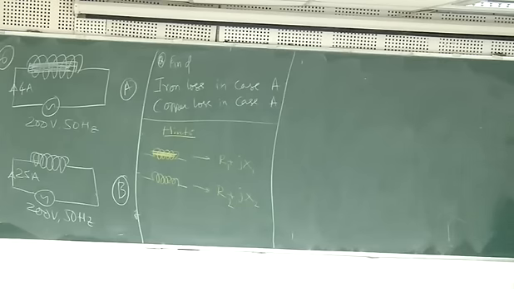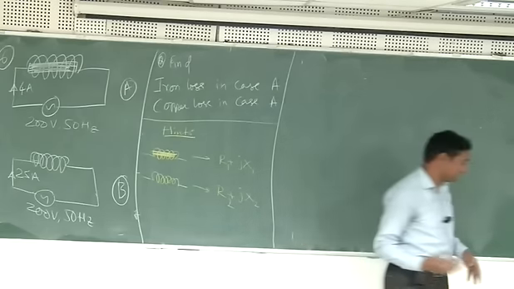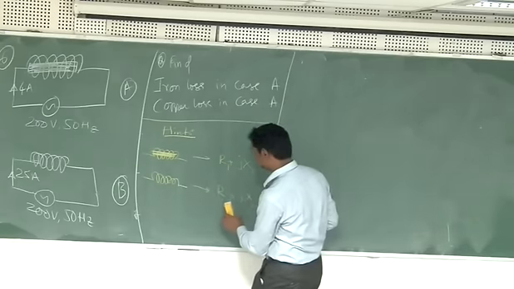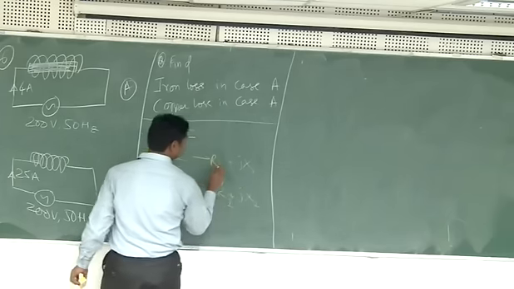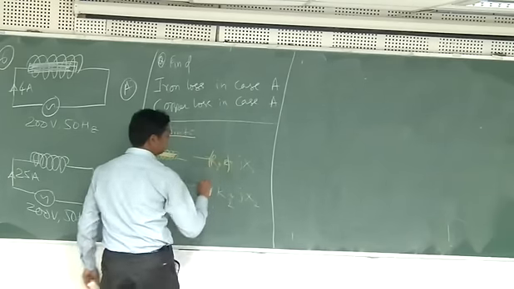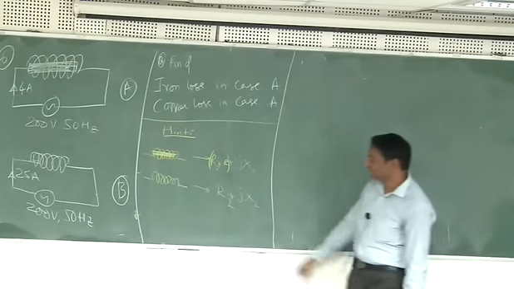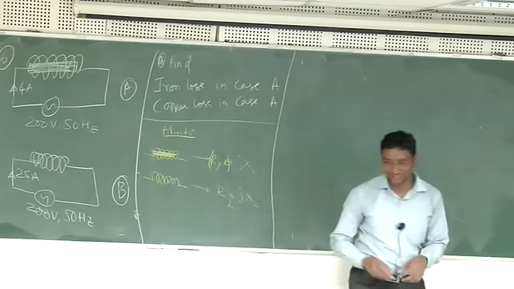R also will change, but then what that R is, you have to see. So I can write this one as R2 plus R. This R is the regular resistance and this R is accounting for the iron losses.